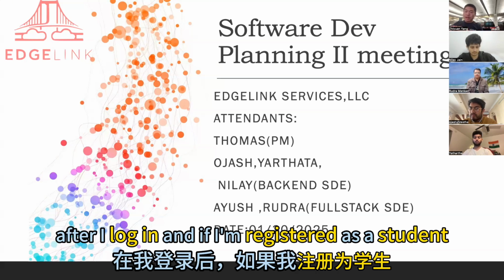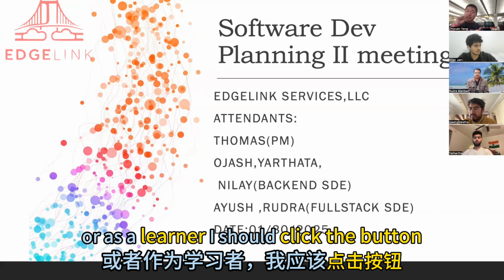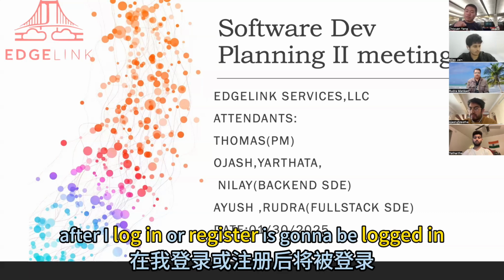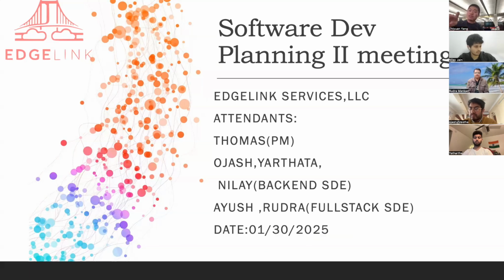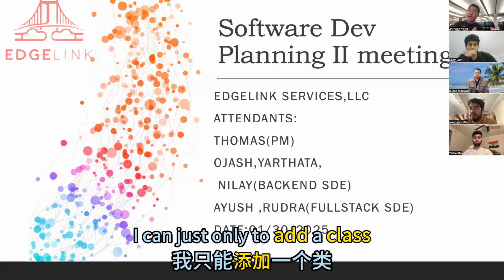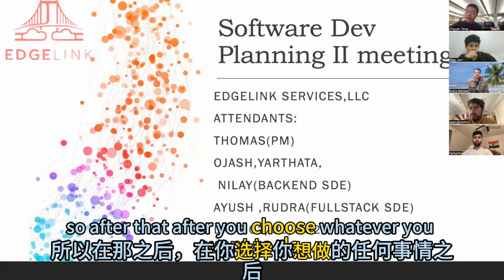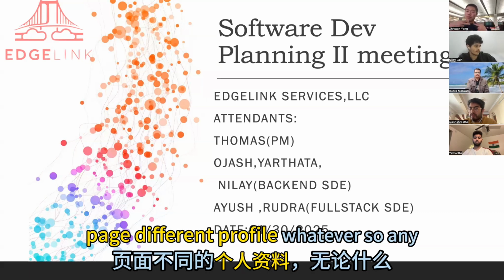And if I'm registered as a student or a learner, after I log in or register, it's going to redirect me to another platform where I cannot create a class. I can only add a class. So after you choose whatever you want to do, it's going to direct you to a different page, a different profile, whatever.